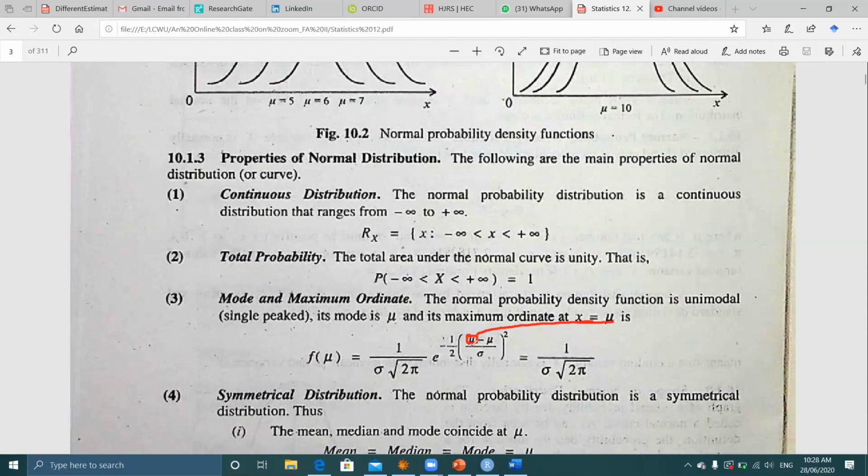E raised to the power 0 is equal to 1. So all this portion vanishes, equal to 1. So you have 1 over sigma under root 2 pi. If you calculate this numerically by substituting the value of sigma, you get the value of the maximum ordinate. We can do this by the software.